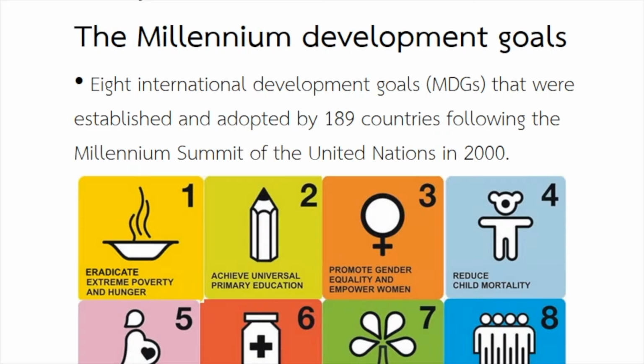It's interesting to know that the Sustainable Development Goals were not the first global development goals of the United Nations. In fact, the United Nations had already developed another set of development goals in the year 2000, the so-called Millennium Development Goals.